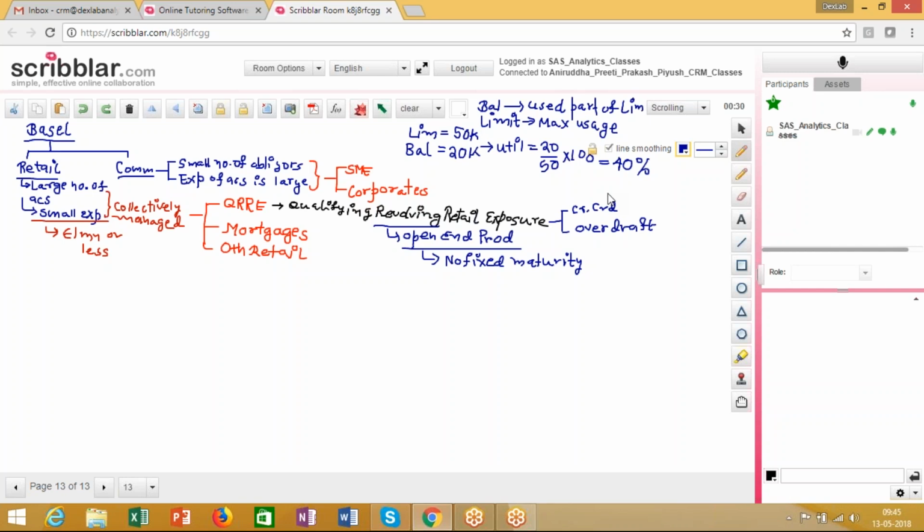Now, obviously, if I'm using a certain portion of my limit, that's the drawn balance. Then I'll obviously have an undrawn balance corresponding to it. The undrawn balance is also known as the headroom.